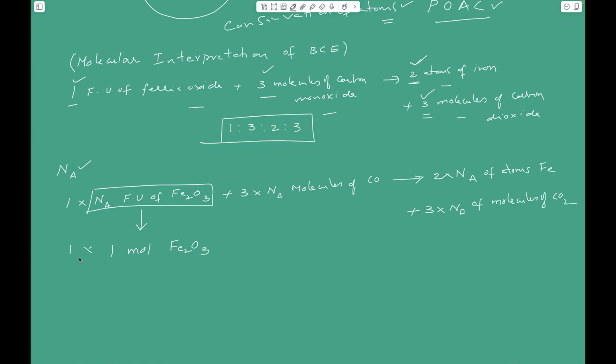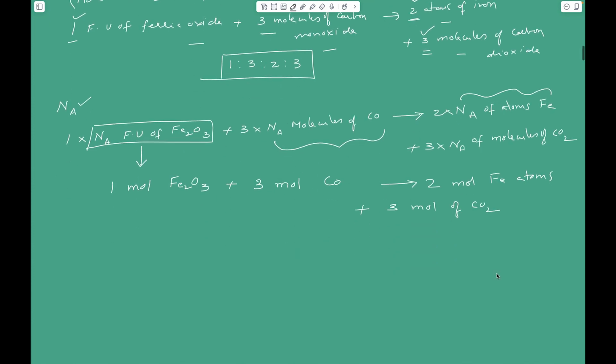So 1 times 1 mole of ferric oxide, that is simply 1 mole of ferric oxide, plus again 1 mole of carbon monoxide multiplied with 3 is 3 moles of carbon monoxide, produce 2 moles of iron atoms to be precise, plus 3 moles of CO2. This is interesting, right?